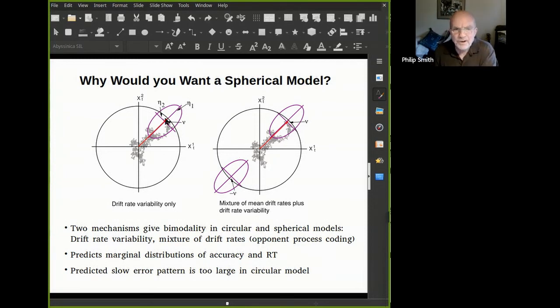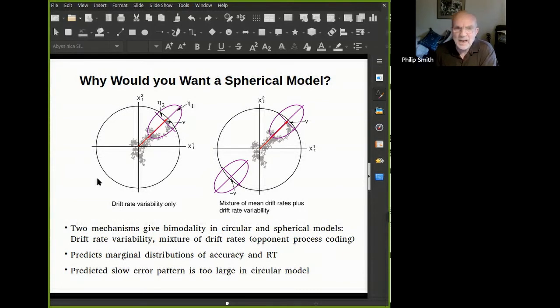Now, drift rate variability alone will give you a secondary mode if it's large enough, because on a proportion of trials, the process will drift in the wrong direction at 180 degrees to the true motion direction, and that will give you a secondary mode. But in order to get a secondary mode that matches that in the data, you need fairly large drift rate variability.